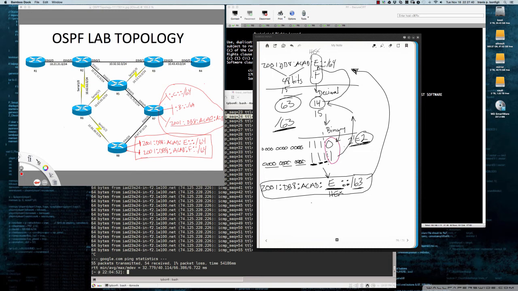All right, so this concludes the supplement for IPv4 and IPv6 summarization, how you calculate the summarization, how you identify the interesting octet with IPv4, and how you identify the interesting hextet with IPv6.